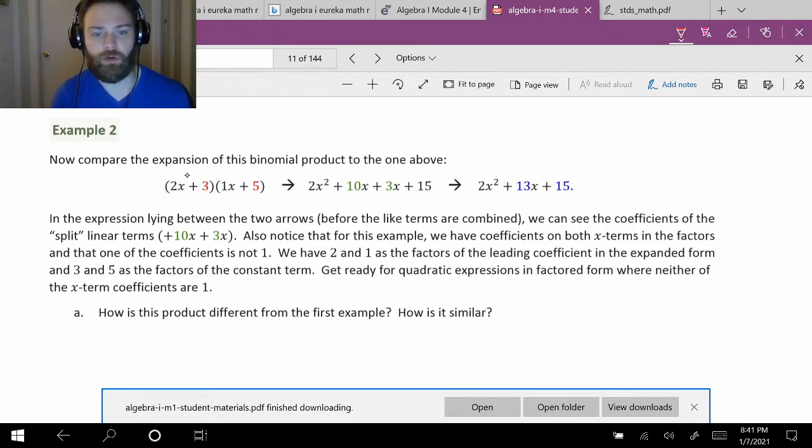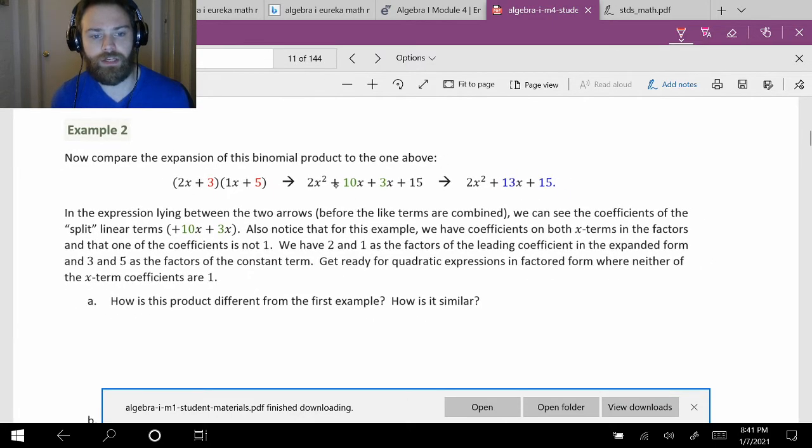Well, it's a little more difficult because I've got 2 times x, which is 2x squared. I've got 2x times 5, which is 10x, 3 times x, which is 3x, and then 3 times 5, which is 15. See, 10 and 3 don't multiply to be 15, but they add to be 13. So whenever we're talking about this type of quadratic and we're trying to factor it, that's why we look at a times c.